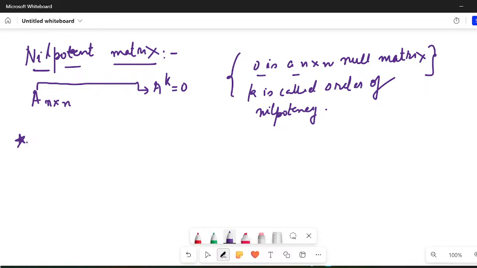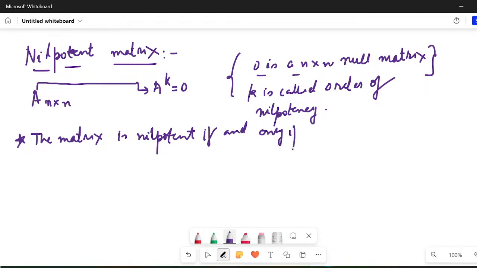But that statement is that a matrix is nilpotent if and only if the eigenvalues of A are all 0. A matrix A is nilpotent if and only if eigenvalues of A are 0.